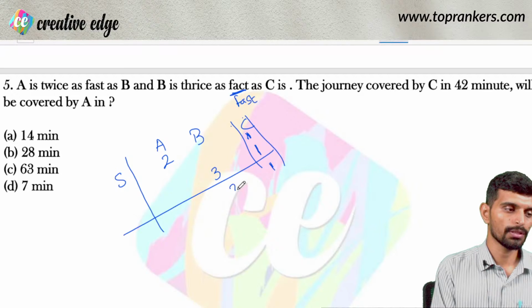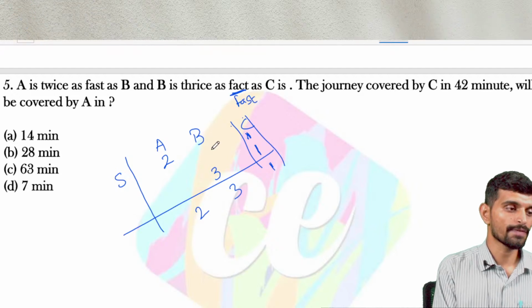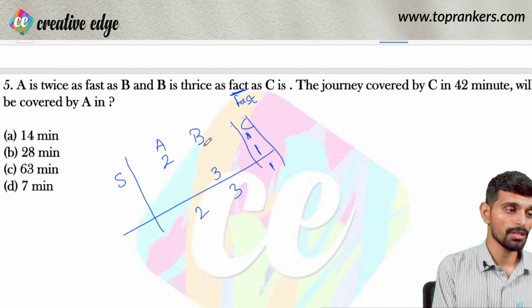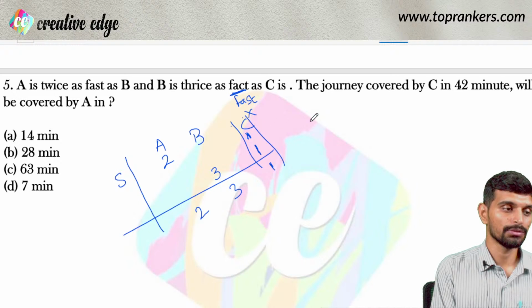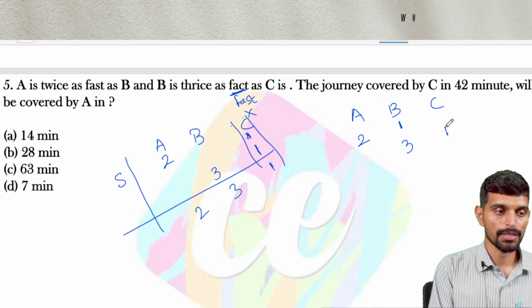So this is 1, this is 3, this should be 2, right? A is twice as fast as B, not C. So that's the error. So A, B and C. So A is twice as fast as B and B is thrice as fast as C.